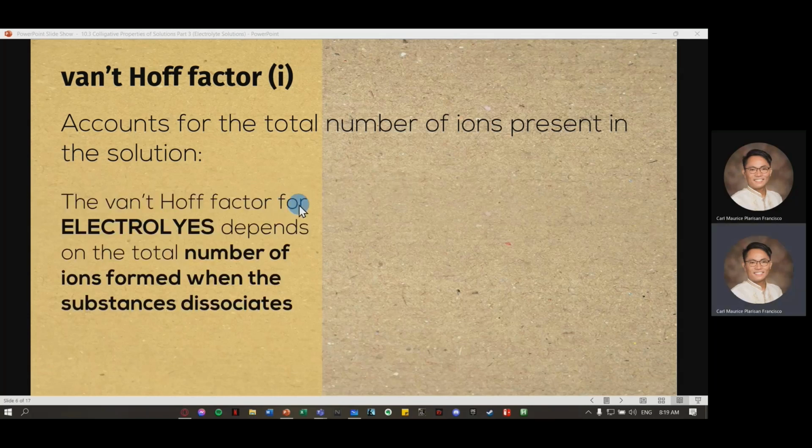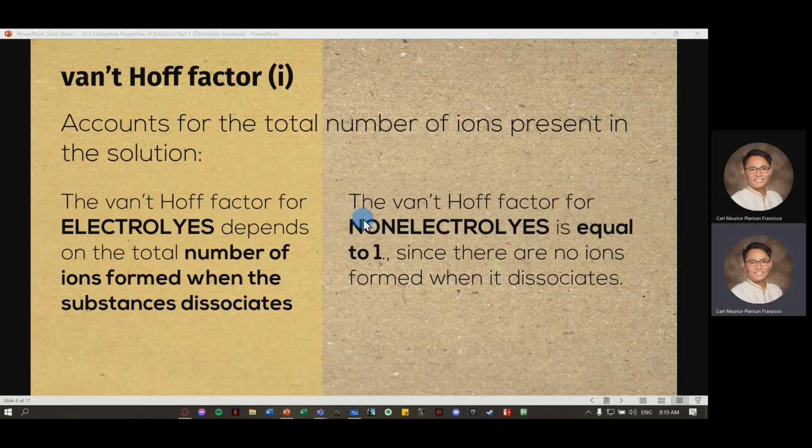The Van't Hoff factor for electrolytes, sorry for the typographical error, depends on the total number of ions formed when the substance dissociates. However, the Van't Hoff factor for non-electrolyte is always equal to 1, since there are no ions formed when it dissociates.